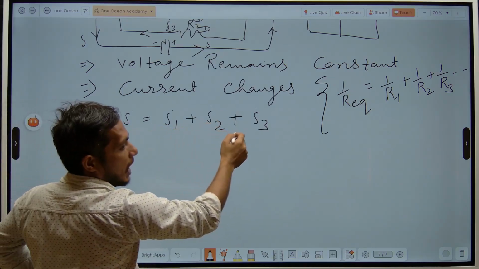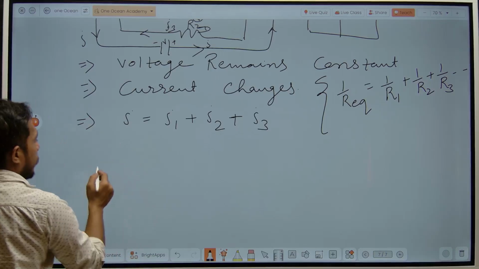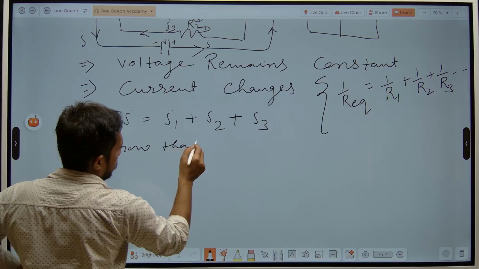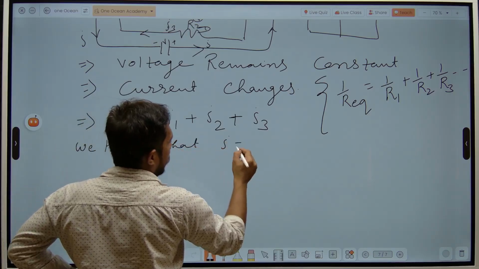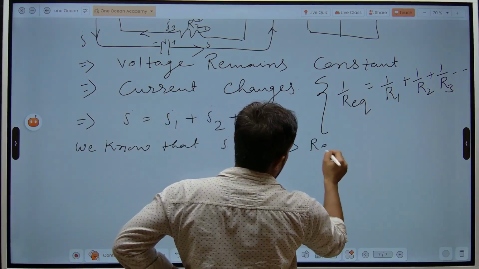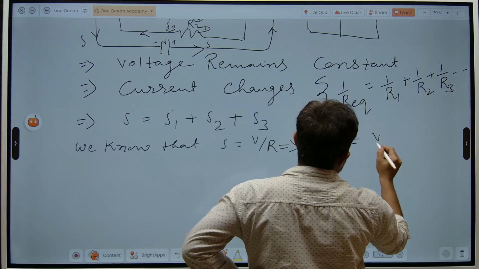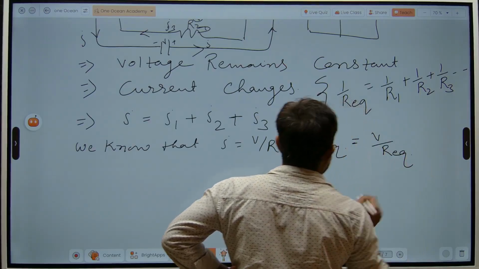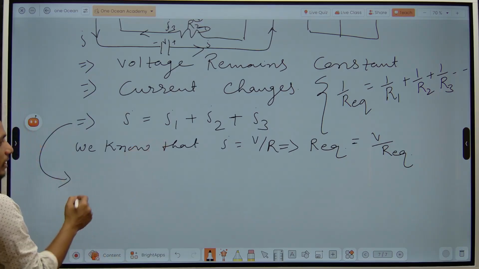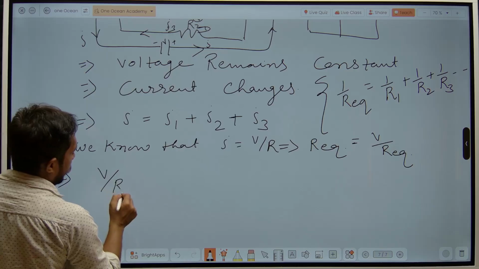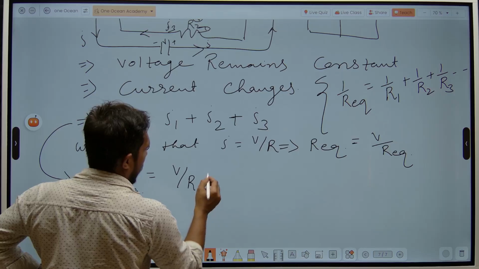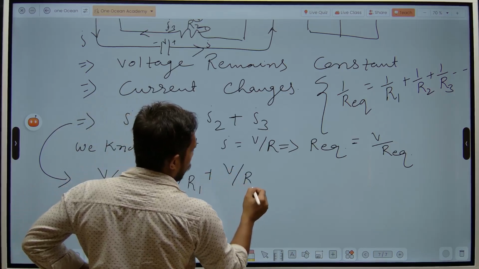Now, we know that I is what? V upon R. Let us say this R is the R equivalent. So, it becomes V upon R equivalent. Now, on putting the values in the given equation, V upon R equivalent is equal to V upon R1 plus V upon R2 plus V upon R3.